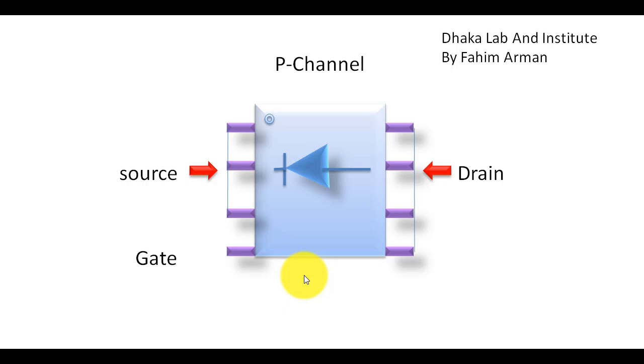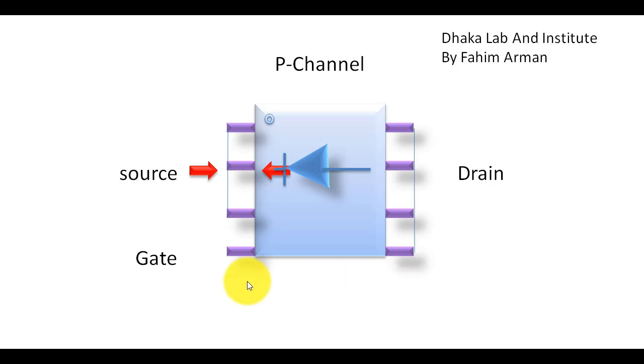For P channel, as I told you before, the diode position is from drain to source. That's why if you want to pass voltage from drain to source, the voltage will pass easily without gate switching.